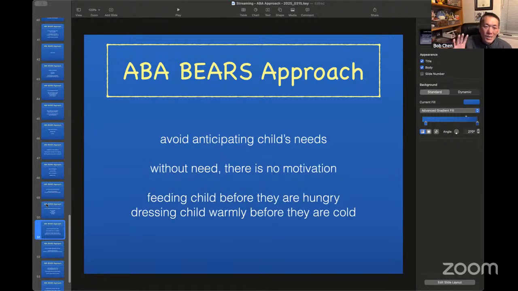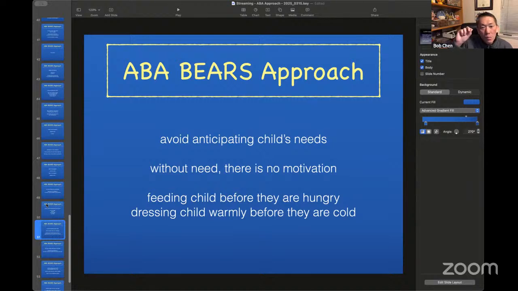The biggest strength and the biggest weakness that all parents have is that they are great at anticipating their child's needs. The problem here is that when your child has no needs, there is no motivation. When you are hungry, it motivates you to figure out how to get food. When you are cold, it motivates you to find ways to get yourself warm.